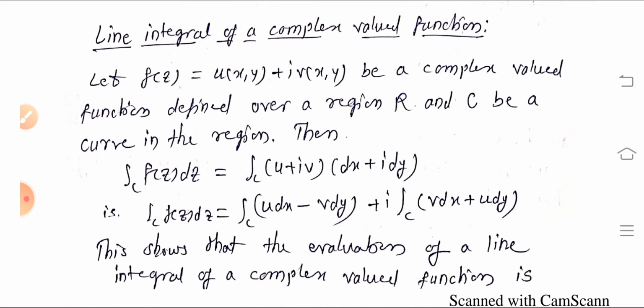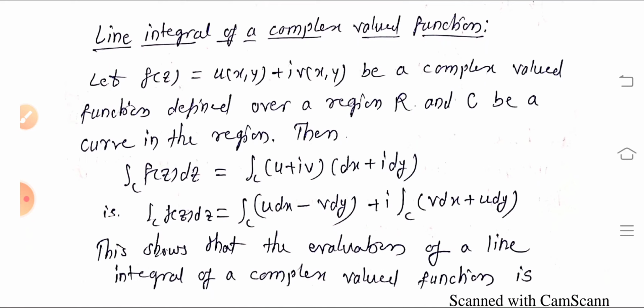Factorizing, we get integral over C of f(z) dz equals integral over C of (u dx minus v dy) plus i times integral over C of (v dx plus u dy). That is, the real and imaginary parts separate.